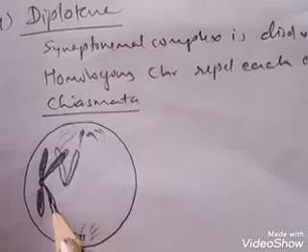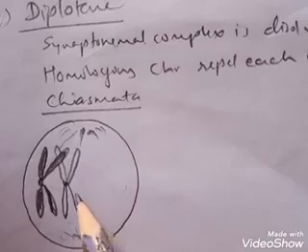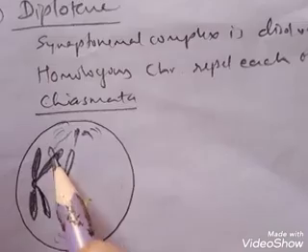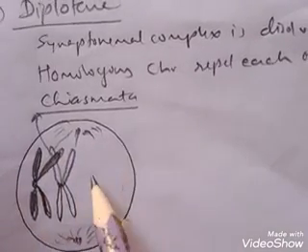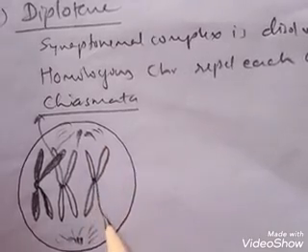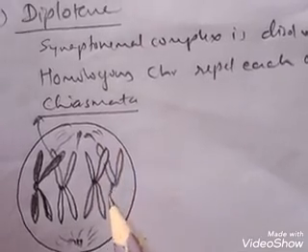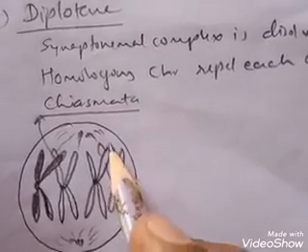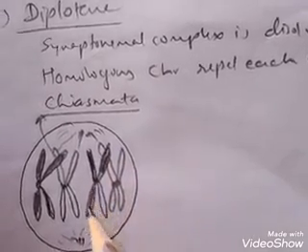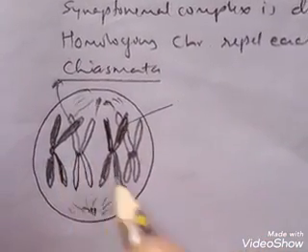This is one chromosome of the bivalent. This X-shaped structure we are observing here is the exchange, and it is called chiasmata, right? Next, one more pair of bivalents I am showing here. Here also the X-shaped structure is called chiasmata, and these chromosomes are repelling each other.